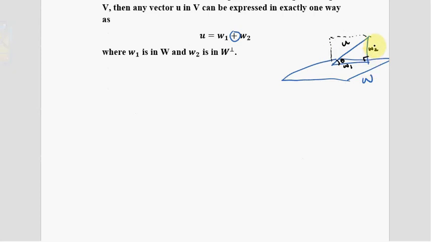Now, notice that W sub 2 is equal to U minus W sub 1.